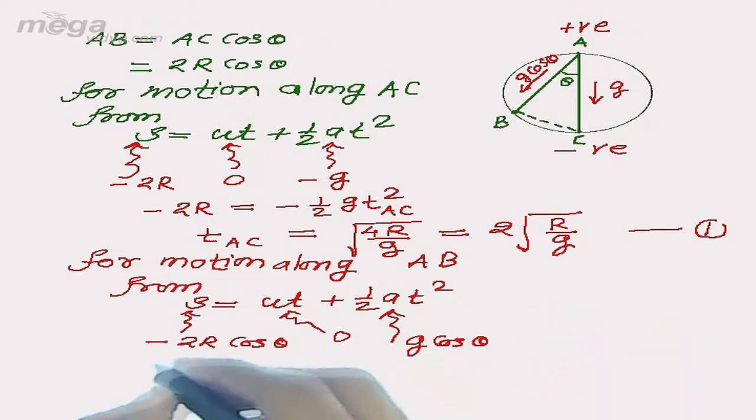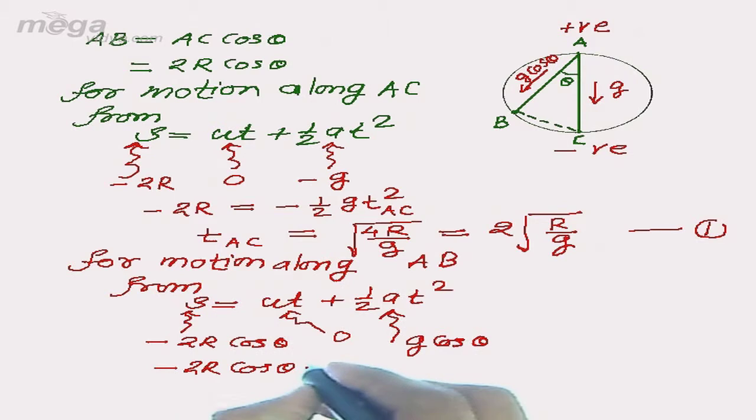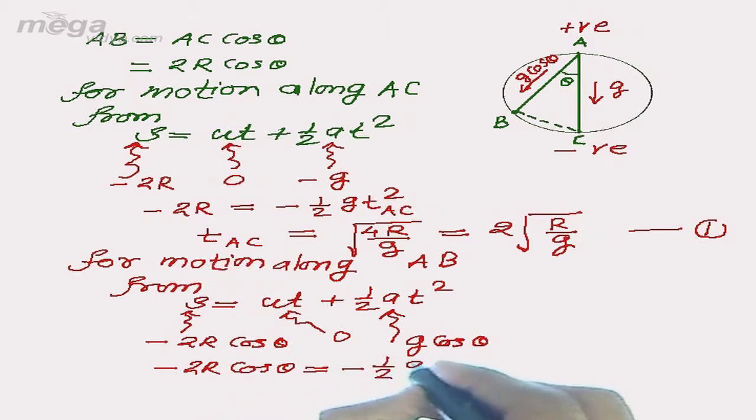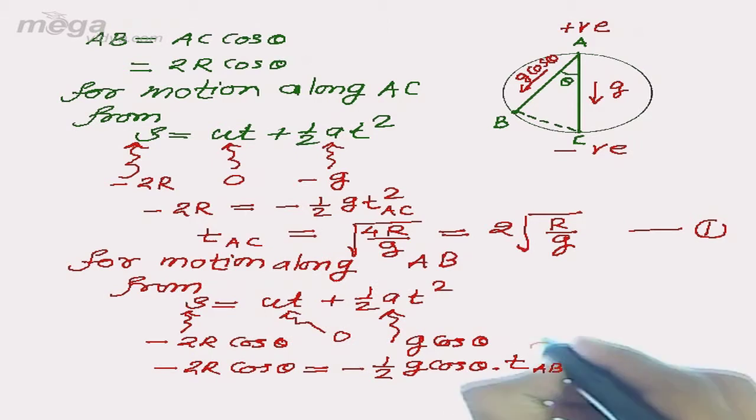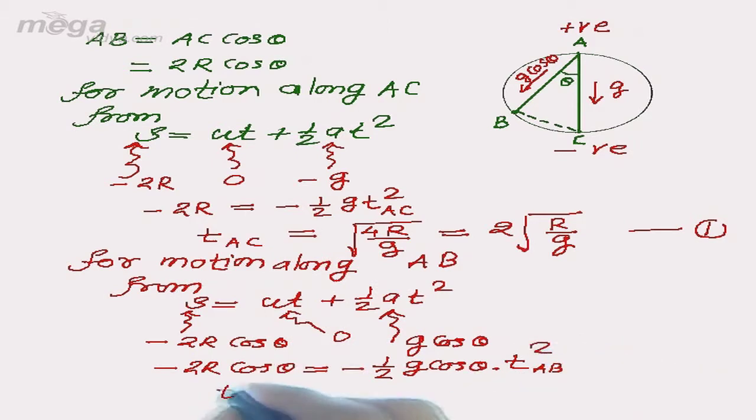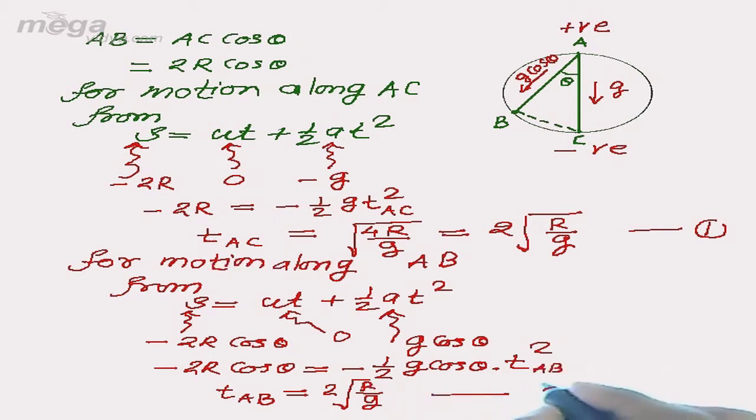Then we can write minus 2r cos theta equal to minus half g cos theta into t AB square, which gives us t AB equal to 2 times under root r by g again, which is equation number 2.